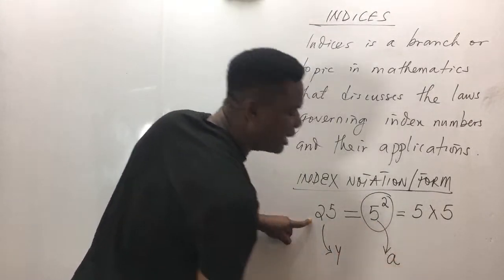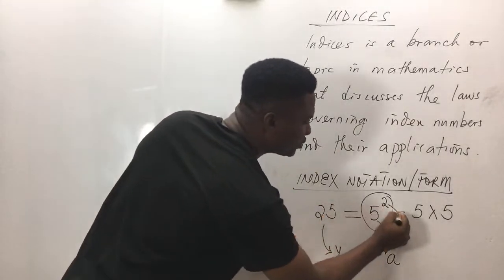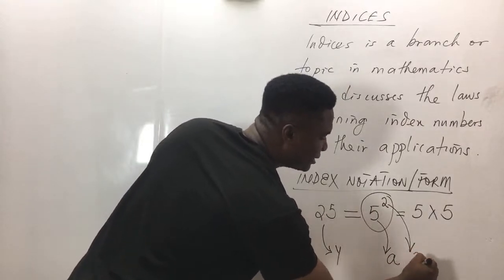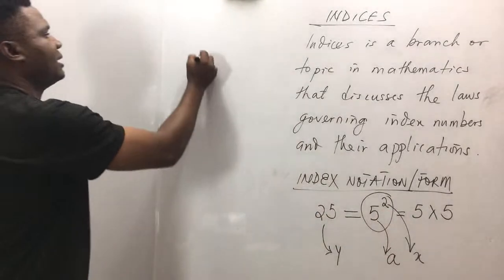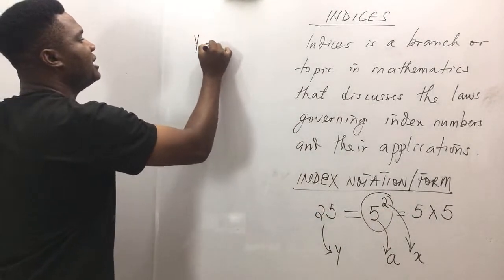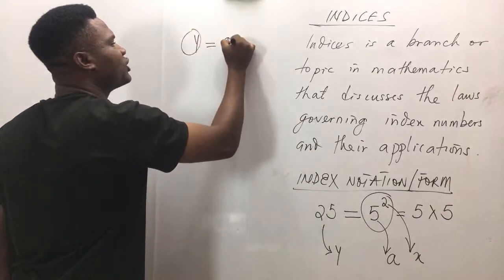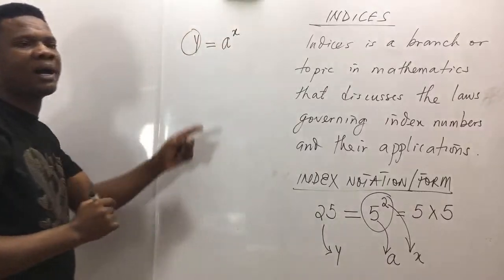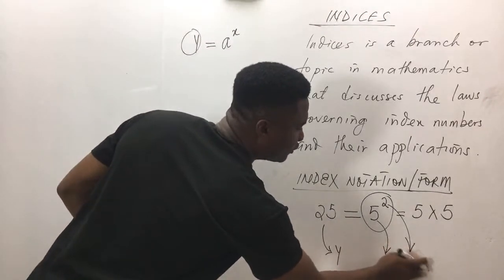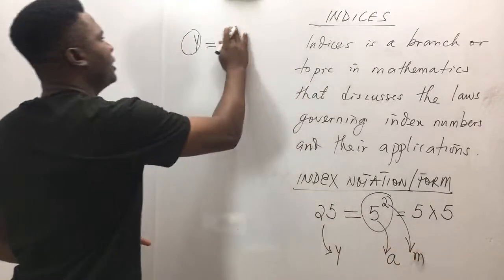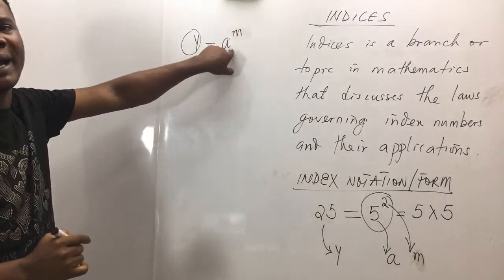So, let's use a letter A to represent 5, and let's use another letter X to represent 2. You would come to realize that the index form of a number, say y, is an expression a raised to the power of x. So I could even change this to m, and this will become y equals a raised to the power n.